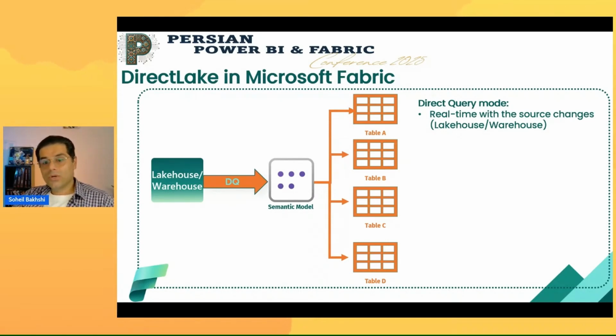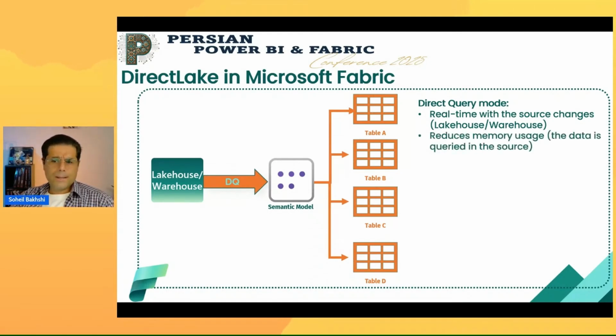So do not make a mistake. This real time to the source is our lakehouse or warehouse within the fabric. We are not talking about the source system, which can be IoT sensors, right?